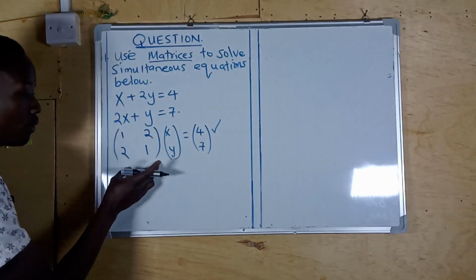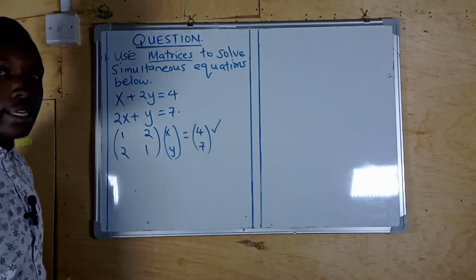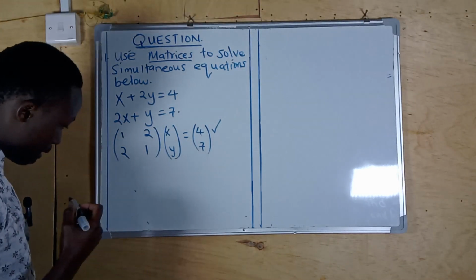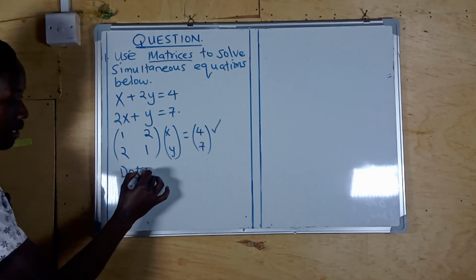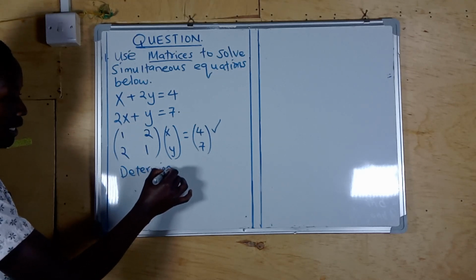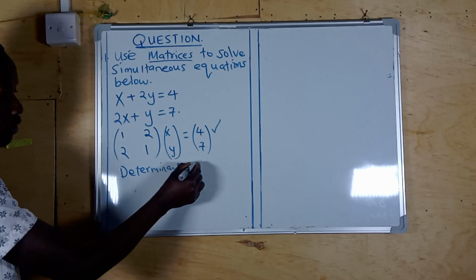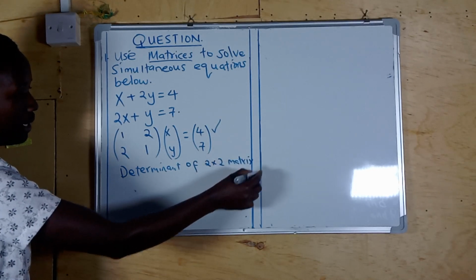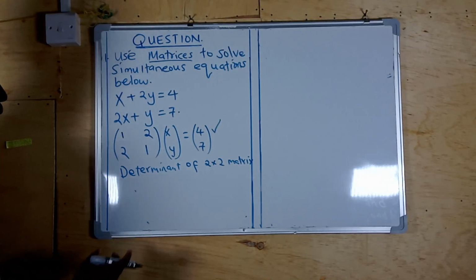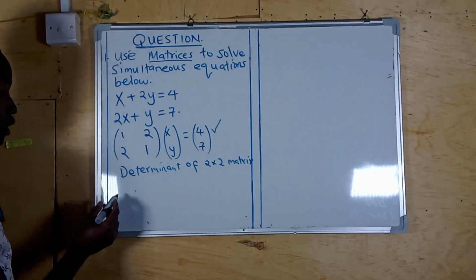Once we write our equation in matrix form, the second thing that we do, we find the determinant of the 2 by 2 matrix. And how do we find the determinant of the 2 by 2 matrix?